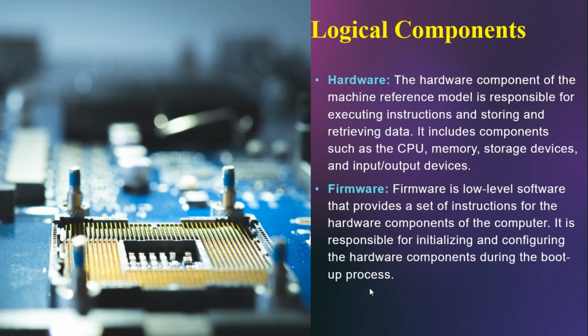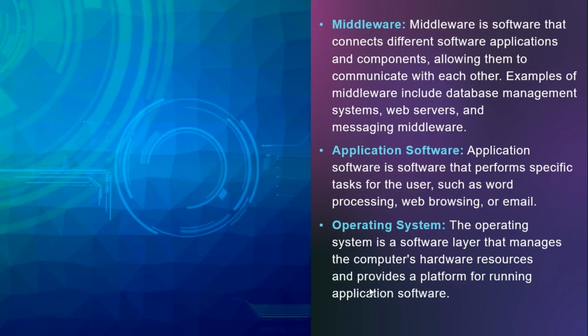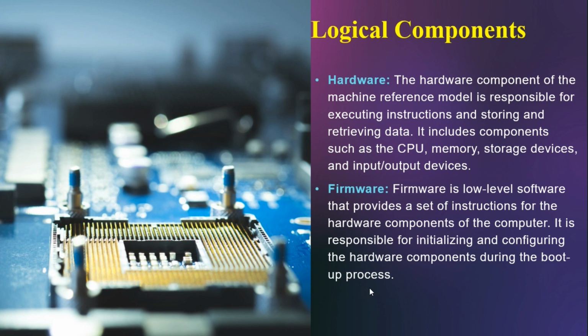Logical components. Here are five logical components, which are also called the layers of the machine reference model. Firstly, hardware. The hardware components of the machine reference model are responsible for executing instructions and storing and retrieving data.